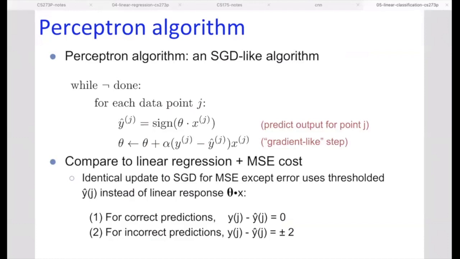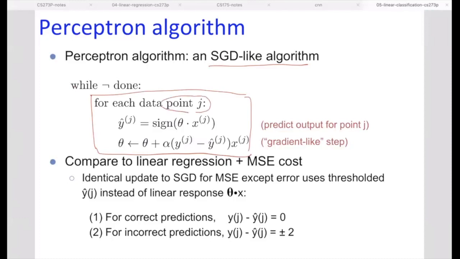This is the perceptron algorithm here. It's something like an online stochastic gradient descent algorithm. The algorithm is doing something like this: you iterate through these steps until the algorithm converges. Within each loop, you cycle through each data point j.